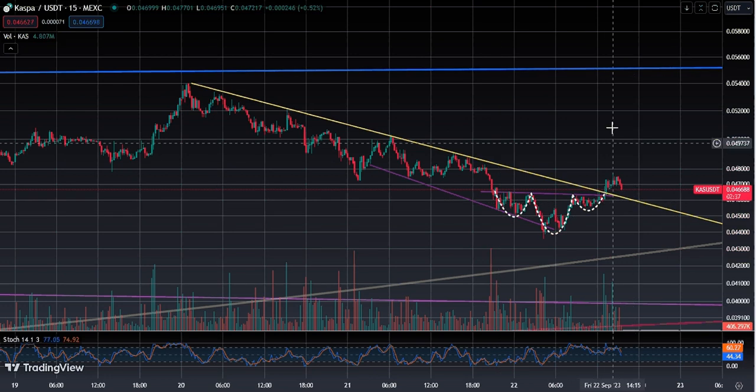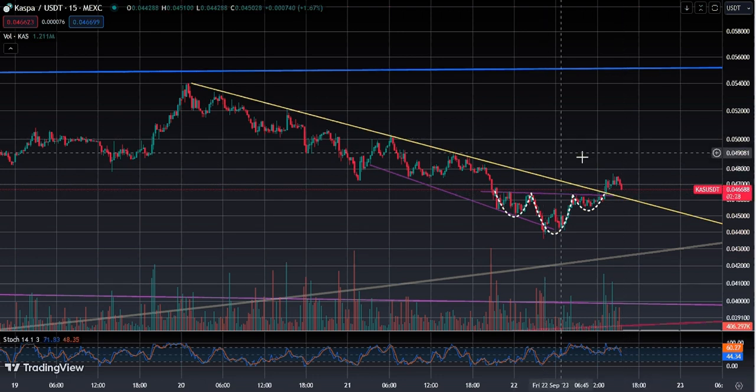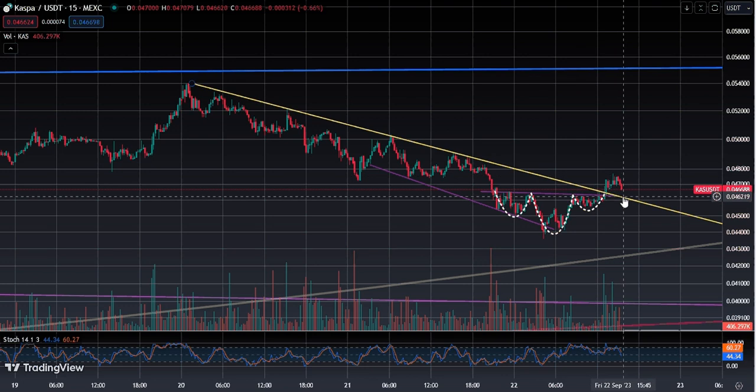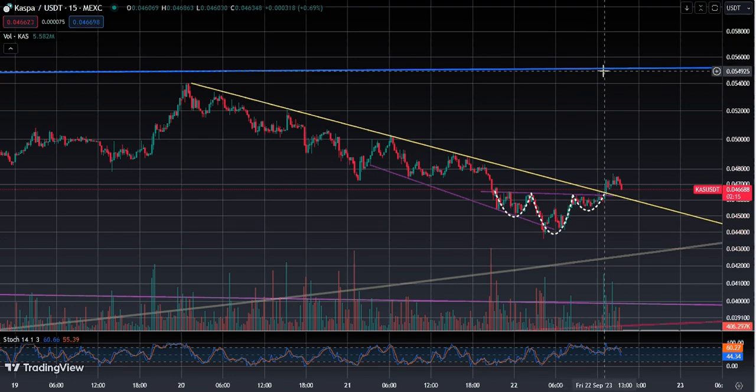You can see we broke out over that this morning, and it appears that we are currently pulling back a bit, perhaps for a back test of this line. I believe this is probably the low for the short term, possibly for the midterm and long term, depending on what happens in relation to this blue line up here.